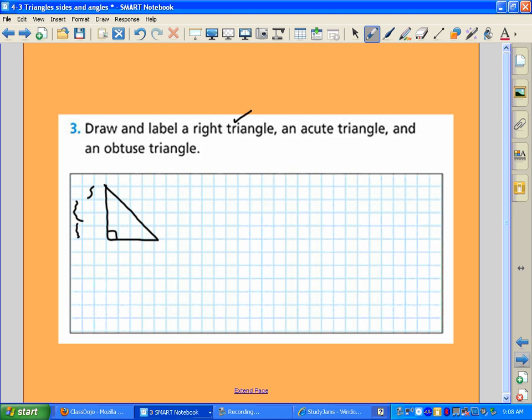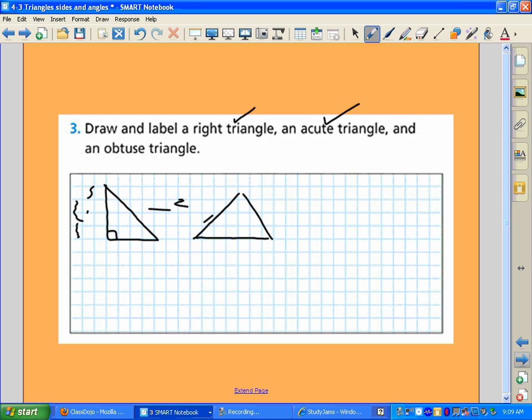We did that one. To get an acute triangle, what do we need to do? Draw an acute angle, and then connect the edges. Okay. An obtuse triangle, what do we do?